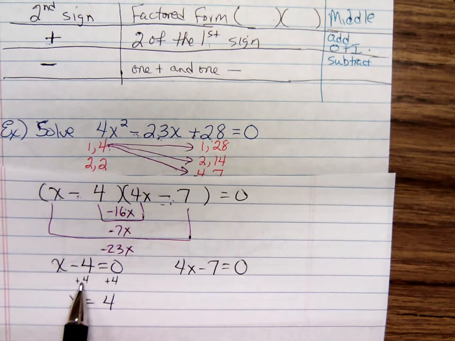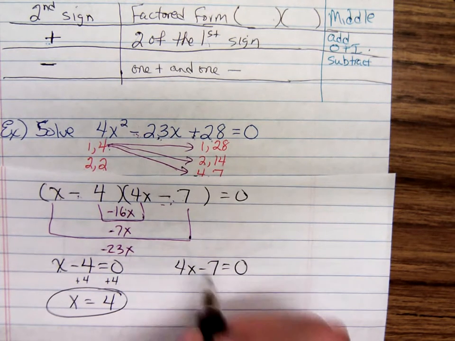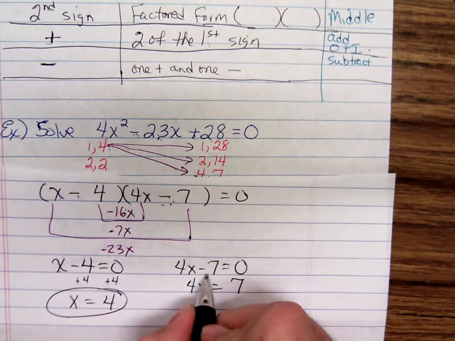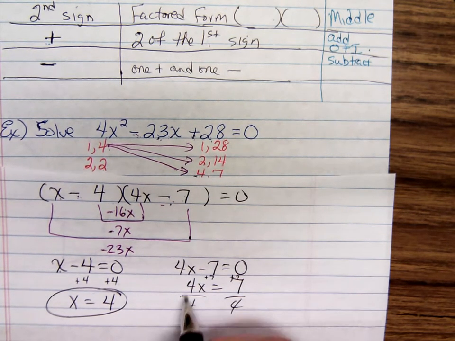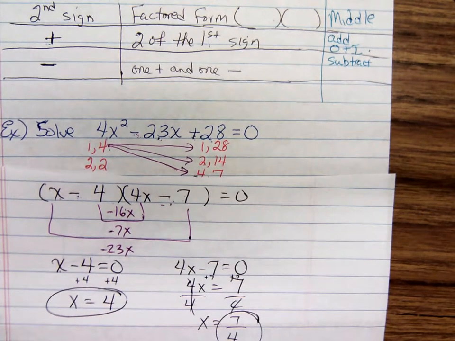So I'm adding 4 to both sides. So 4 is one answer. Move the 7 over. Oops, by moving the 7 over, I mean add 7 to both sides. Divide both sides by 4. So 7 over 4 would be the other answer.